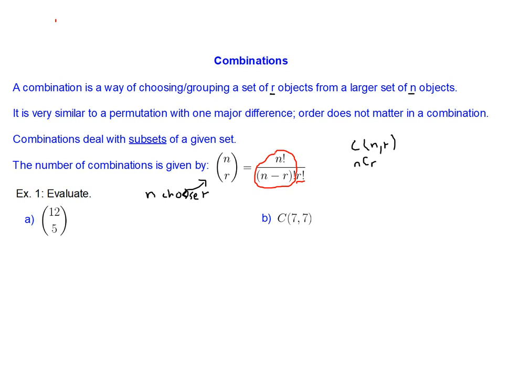Let's have a look at how to use the equation and calculate a combination. The way that we read this right here is 12 choose 5.